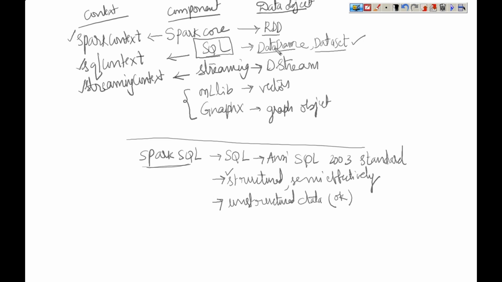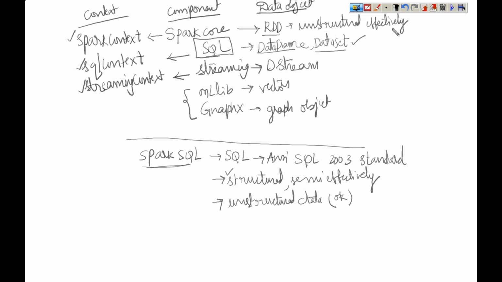But you may ask a doubt here. If data frame and dataset are used for processing structured, semi-structured as well as unstructured data, what is the purpose of using RDDs and Spark Core? These RDDs can process unstructured data effectively. Remember this.